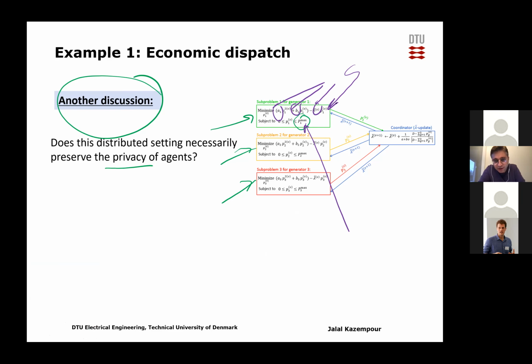And it looks so, right? Except for generator 1, no one else knows what her cost function and constraints are. So the question is, does this distributed setting necessarily preserve the privacy of agents? What do you think? Sebastian says practically maybe.